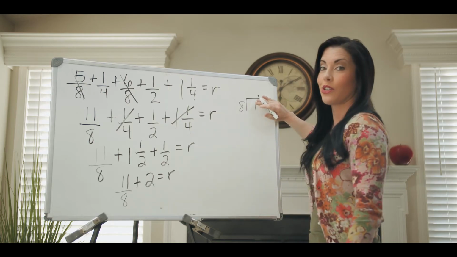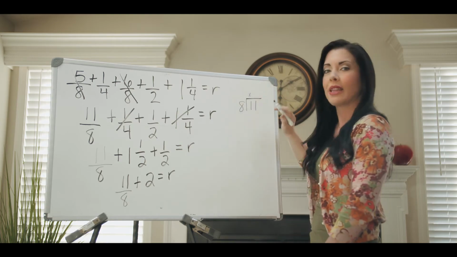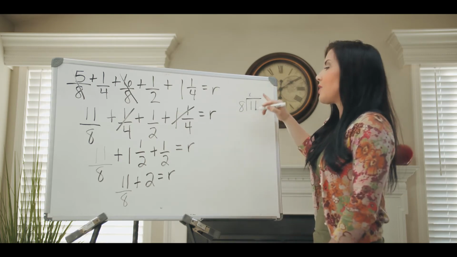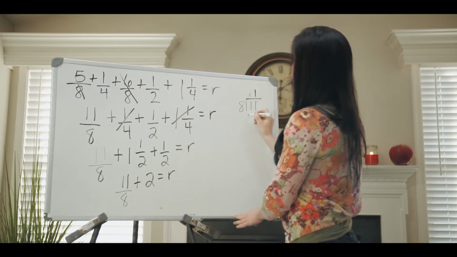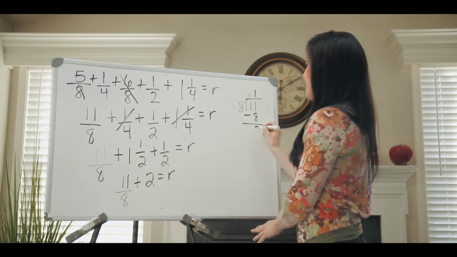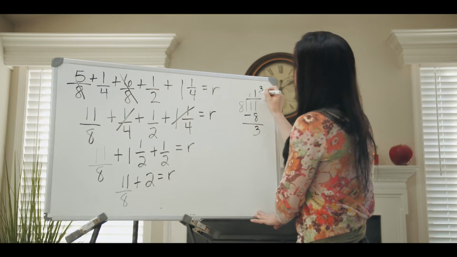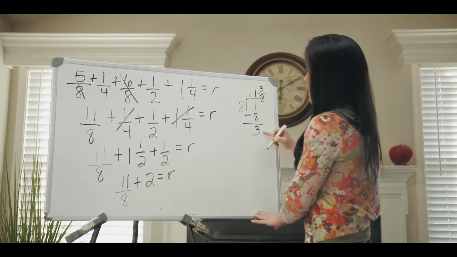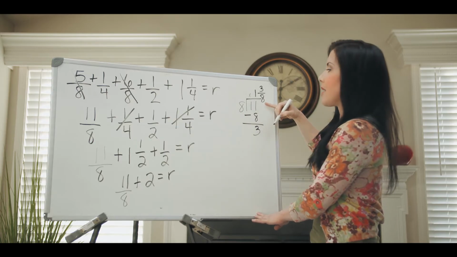8 does not go into 1. I like to put a little bit of a X over that place value. 8 does go into 11 one time. Okay, and my difference is 3. So I use my difference as my numerator and my divisor becomes my denominator.